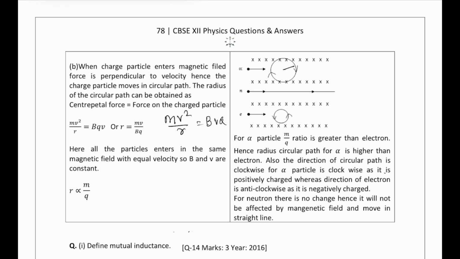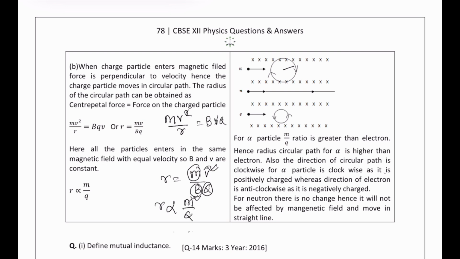One of the velocities cancels out, so radius r = mv/(Bq). Correct? Here m is the mass of the charged particle and q is the charge on this particle. If it moves with a constant velocity and the external field is constant, let us keep the velocity of this particle and the magnetic field constant. So r is proportional to mass per charge.